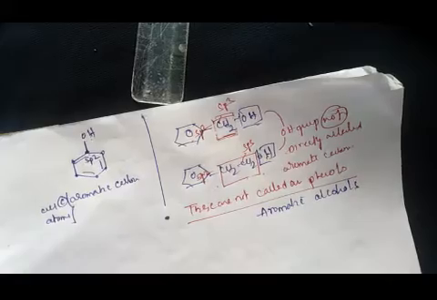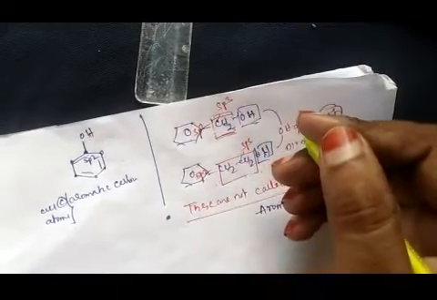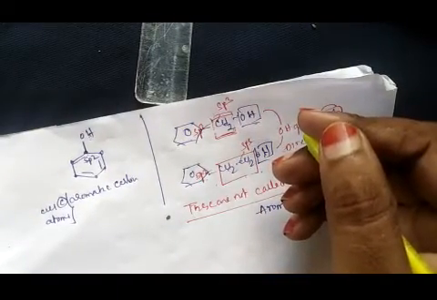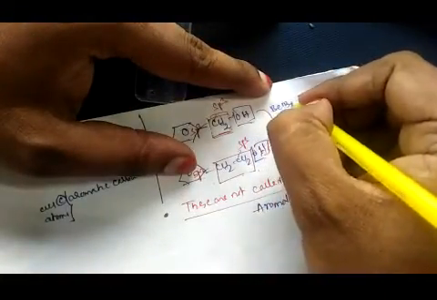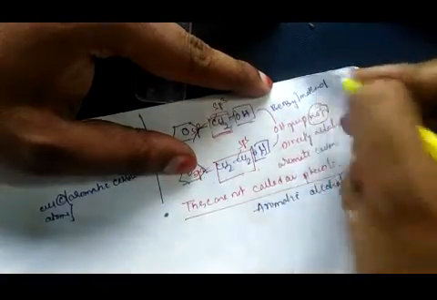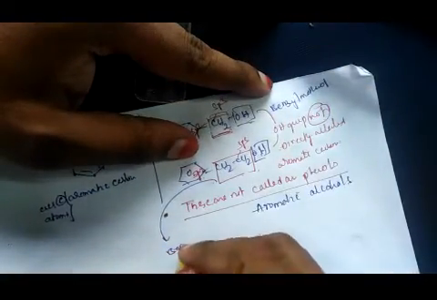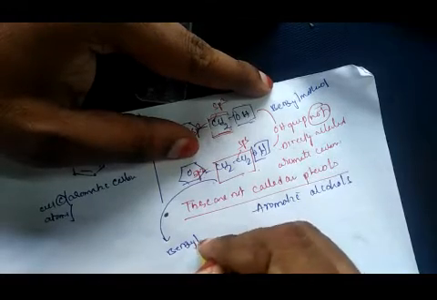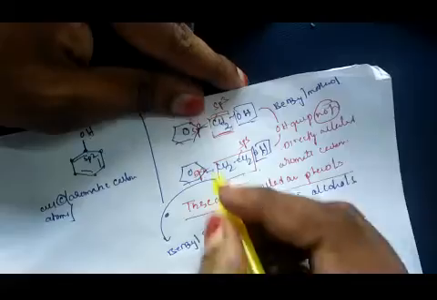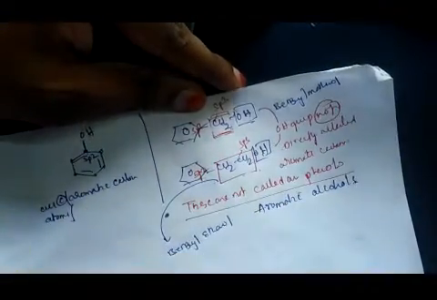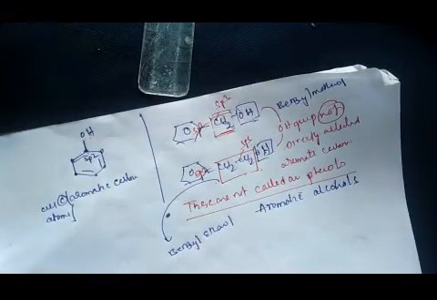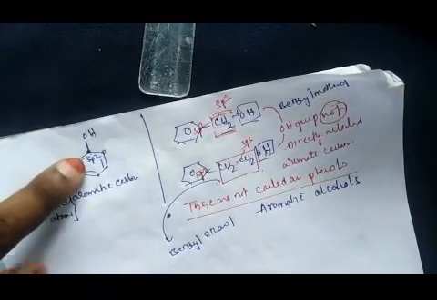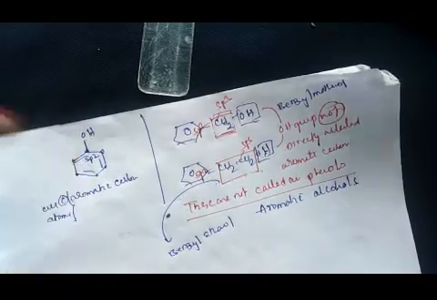These are called benzyl methanol and benzyl ethanol. These are aromatic alcohols. So the difference between aromatic alcohols and phenols is simple. In phenols, the OH group is directly attached to an sp2 hybridized aromatic carbon atom.